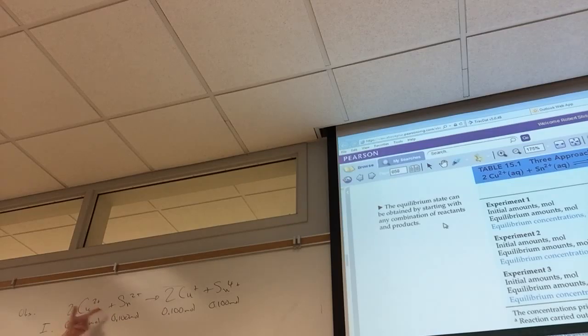They're going to have to react in this ratio. If I reacted this much copper, then the amount of tin must have been 0.0039 moles. So I only lost 3.9% of my tin. If I lose only 3.9% of my tin, I'm going to be left with 0.0961.